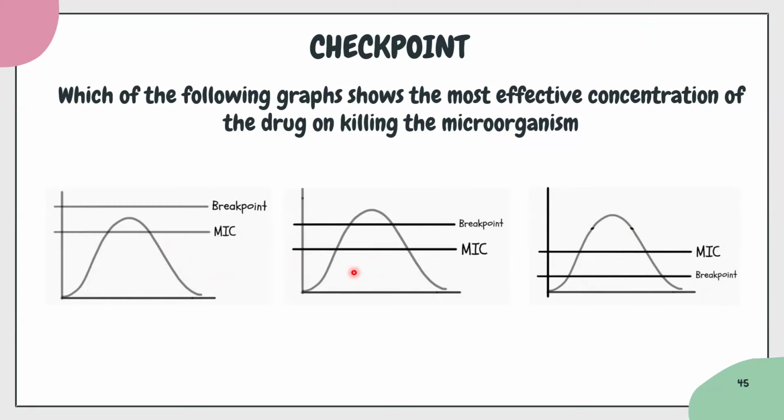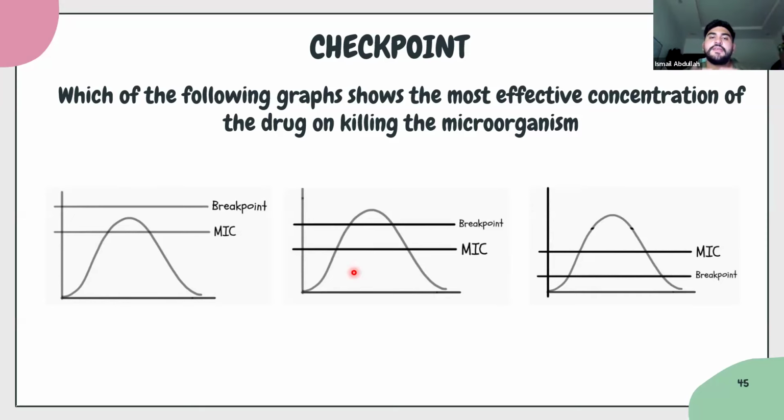Basically it is between the first and the second one, but since it is asking for the most effective concentration, it would be A, since it is more susceptible to kill the microorganism. But shouldn't it be B, because the MIC is lower?